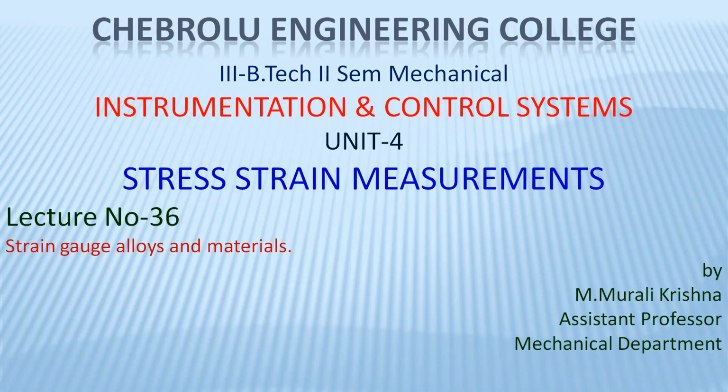I took one example, a pipe with some cross sectional area, with different loads, that is tensile or compressive strains, acting on that body. So how should we calculate that amount of strain by using this resistance strain gauge?